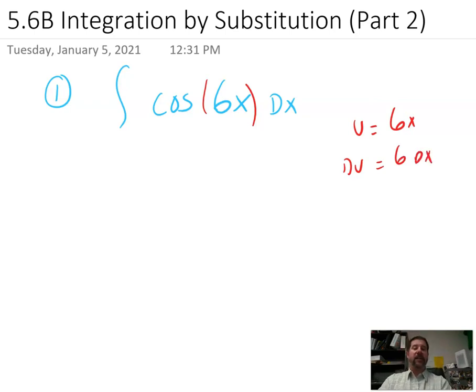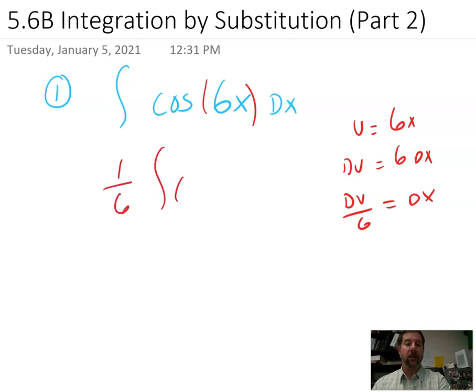We run into that situation from yesterday: I've got a dx, I just don't have a 6 dx. So let's divide both sides by 6. So du over 6, or 1/6 du, is equal to dx. Now we can come back and write 1 over 6 integral cosine u du, and we're ready to integrate.